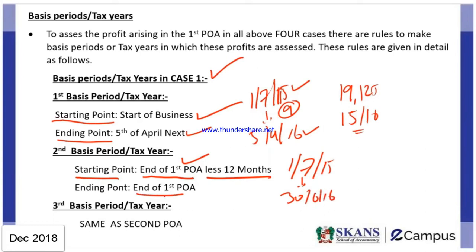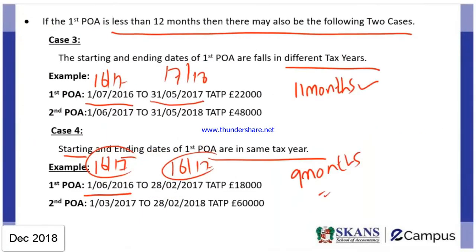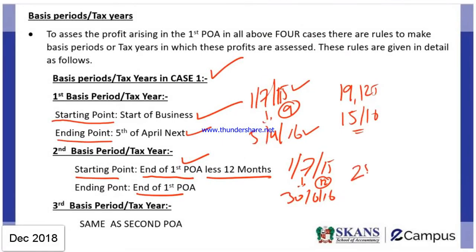The second basis period says that the starting point is the end of the first period of account less 12 months and the ending point is the end of the first period of account. If you observe, these are exactly the 12 months of the first period of account, and the profits of 25,500 in whole are assessed in 16/17.